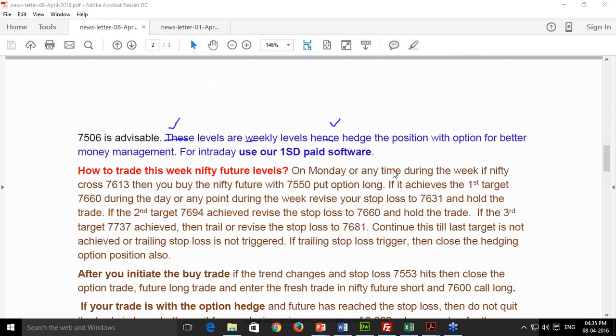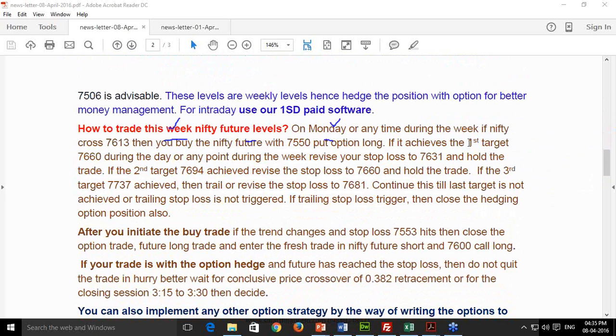Once you enter this trade and achieve the first target, I am giving you the method to set the trailing stop loss. Once you achieve the first target in the uptrend, you revise your stop loss to the 0.382 retracement level. Once you go to the second target, you revise your stop loss to the 0.5 level.